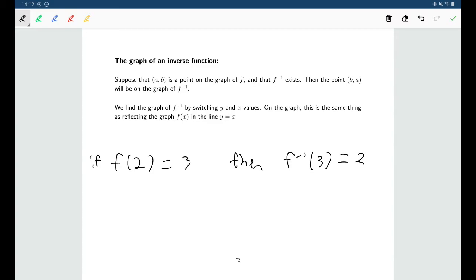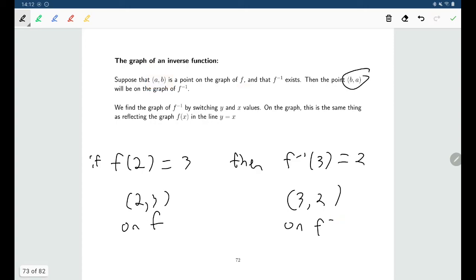So if you're thinking as far as points go, that means that if you had (2, 3) is a point on f, then (3, 2) is a point on the graph of f inverse. Or more generally, if you have any point (a, b) on the graph of f, and if you do have an inverse, then (b, a) would be a point on f inverse.